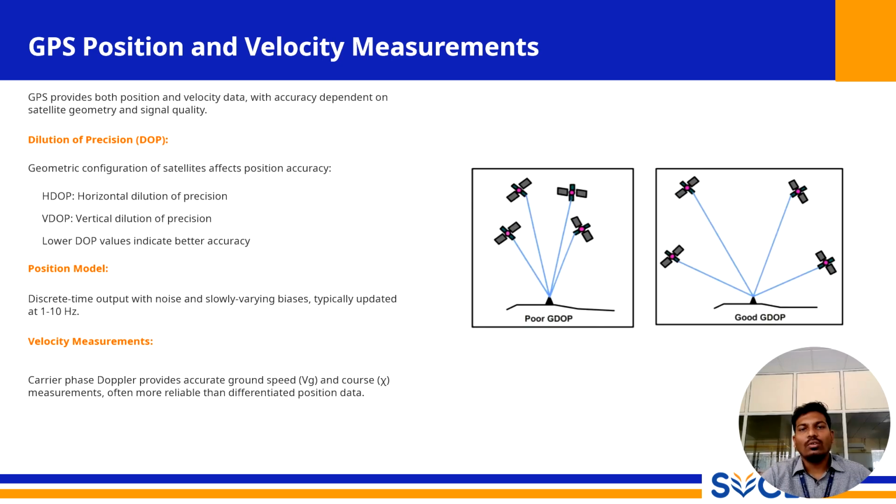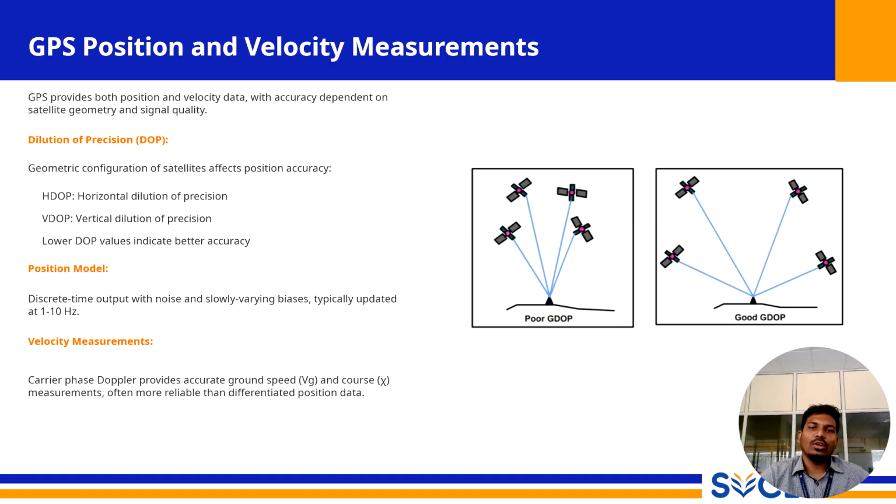This carrier phase Doppler provides accurate ground speed, Vg, and course, chi, measurements. In fact, these velocity readings are often more reliable than differential position data.